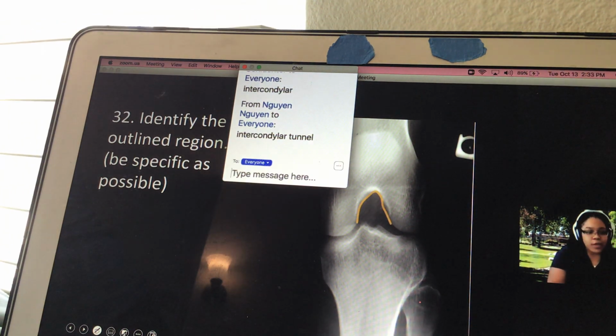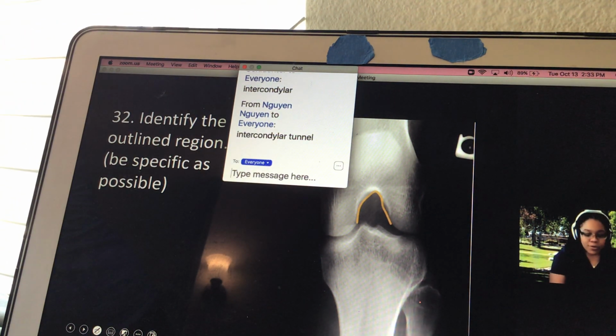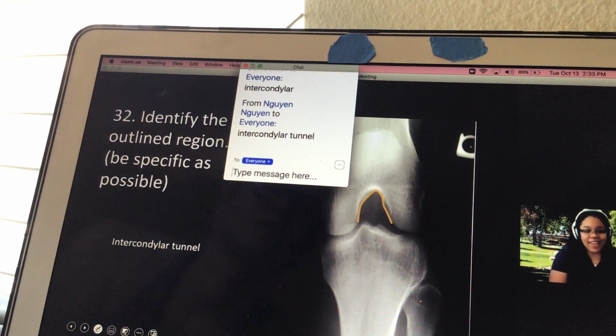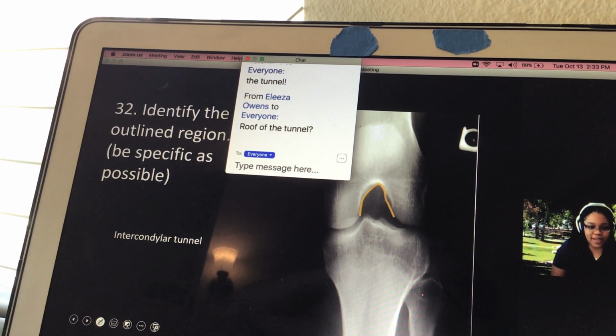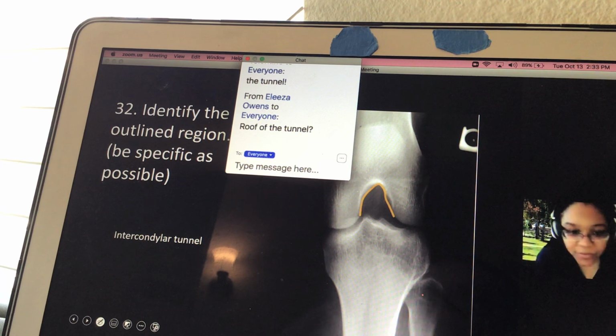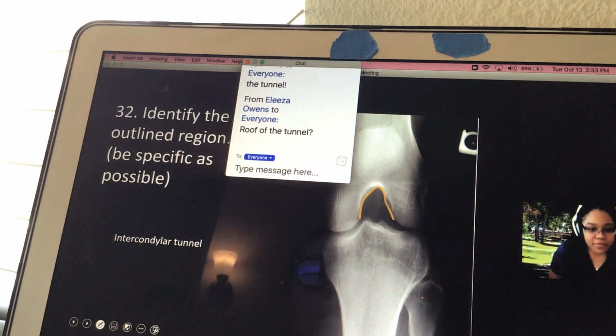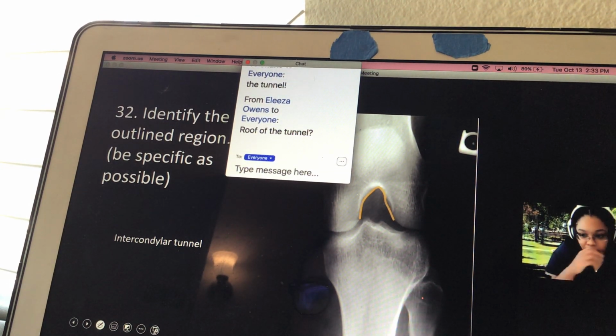So as the name suggests, what we're looking at is the intercondylar tunnel. So that's the tunnel. Yeah, you can say it's the border of the tunnel.